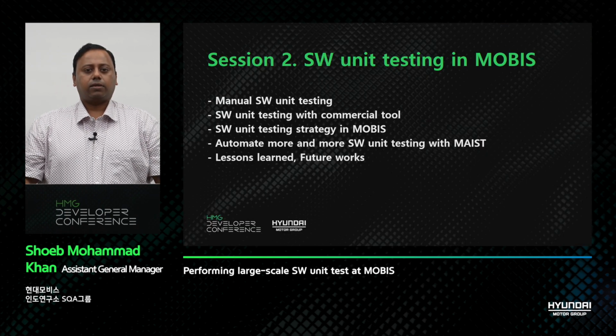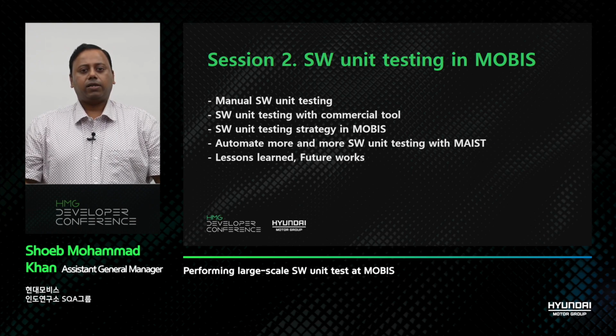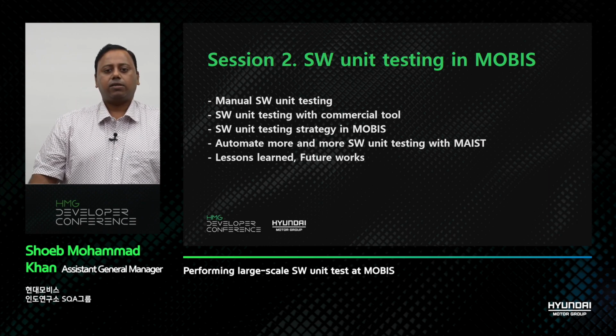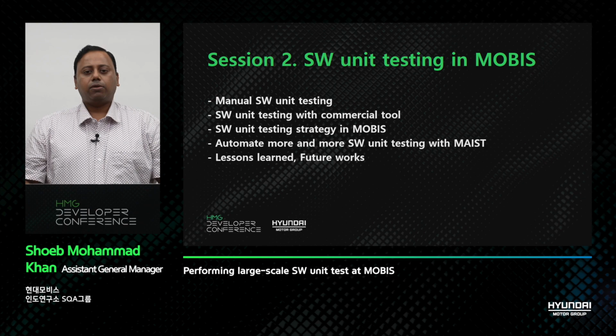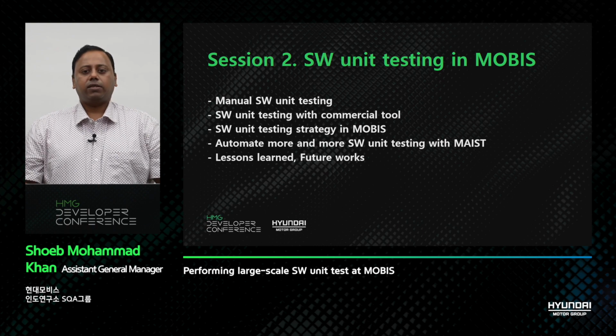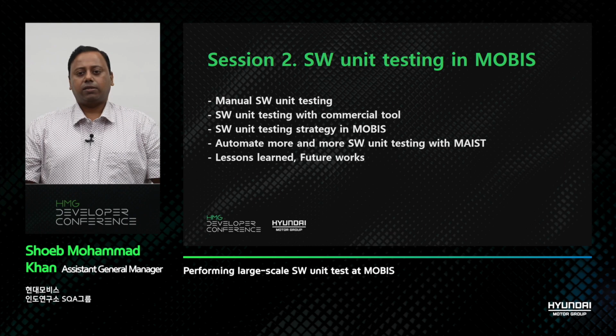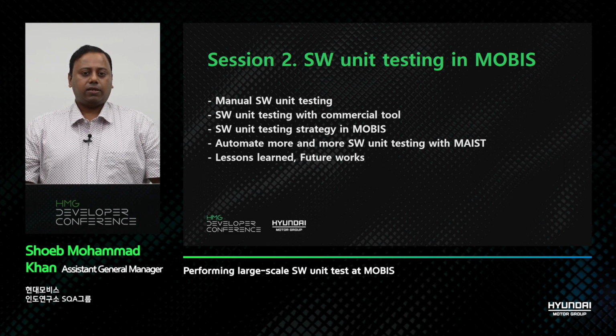Now in this session, we are going to understand software unit testing in MOBIS. During this session, we will explore the following topics: manual software unit testing, software unit testing with commercial tool, MOBIS software unit testing strategy, automate more and more software unit testing with MIST, lessons learned and future work.